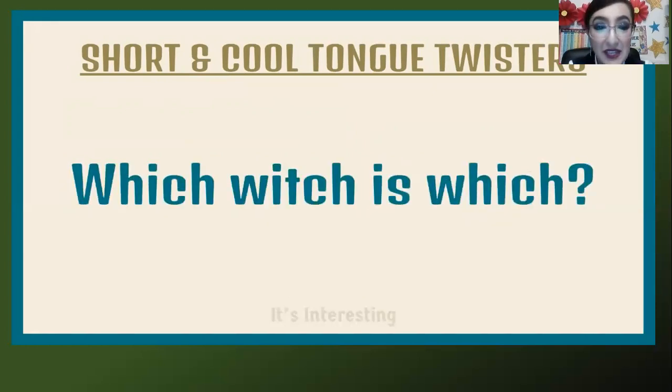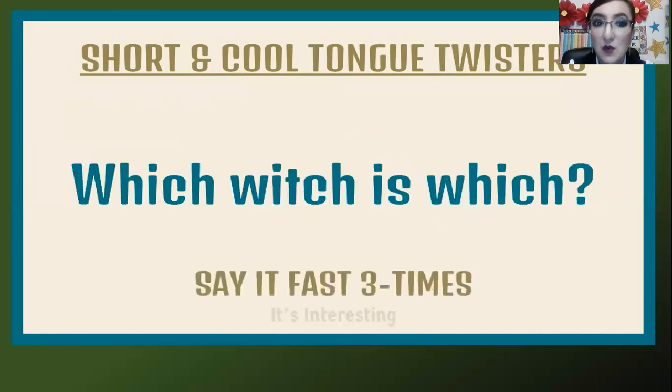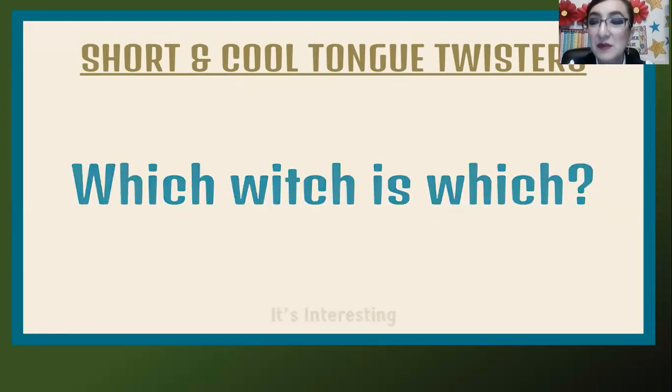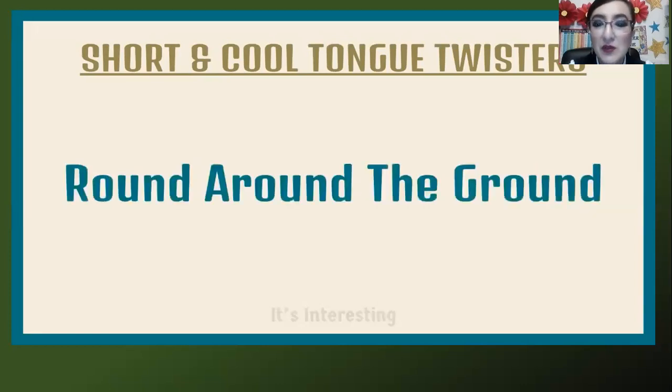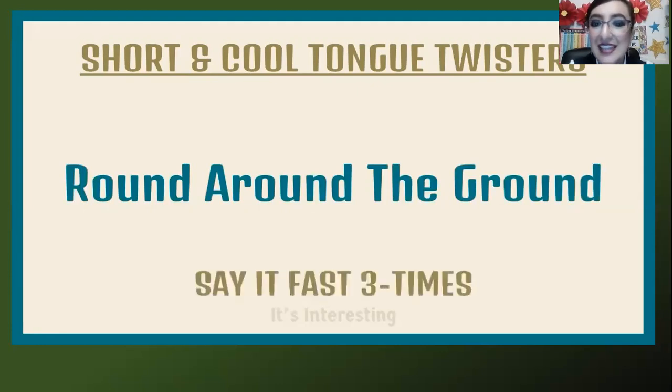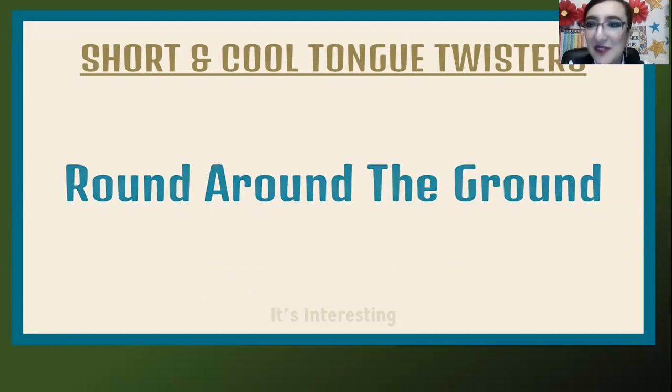Another one, you can do it. Which is which? Which is which? You are going to be pronouncing: round around the ground. Say it fast 3 times. Round around the ground. Faster.